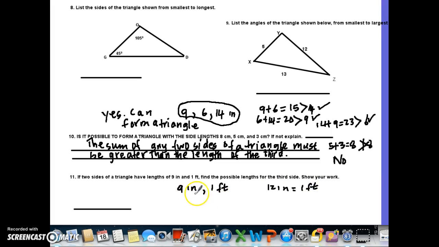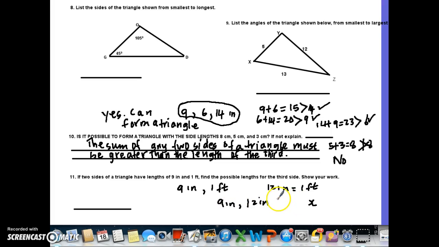So instead of looking at 9 inches and 1 foot, we can look at 9 inches and 12 inches. And then we say, what will the side length of the third side be? Here's how you could get it. The low end, or the minimum, you'd get by subtracting these two from each other. You subtract the smaller from the larger here.